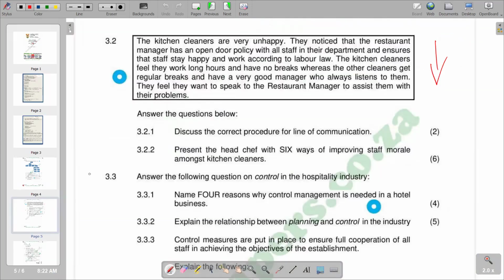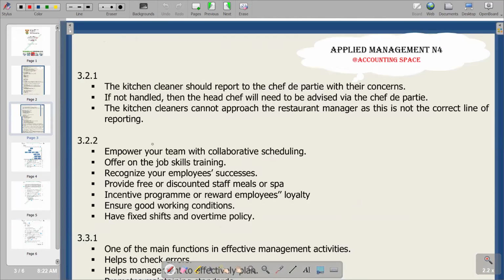Then next point, present the head chef with 6 ways of improving staff morale amongst kitchen cleaners. So you see that these are the ways that can be used: empower your team with collaborative scheduling. We might also want to understand what collaborative scheduling is.